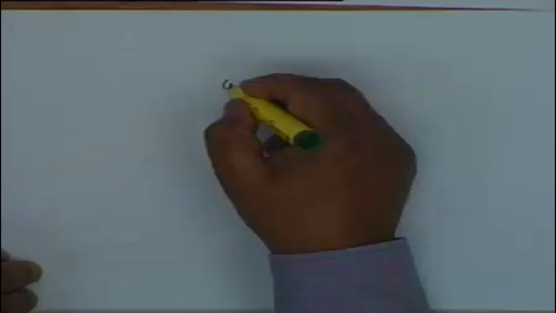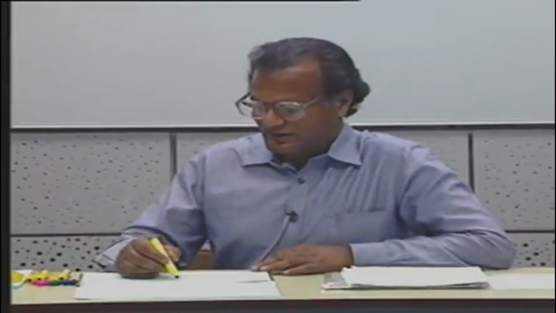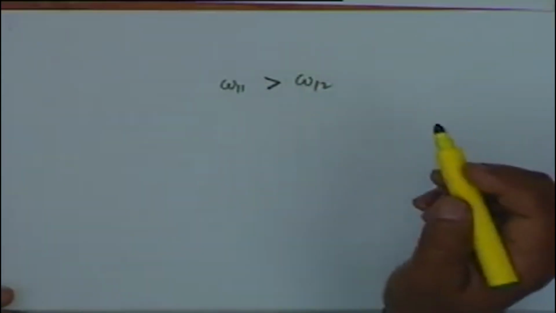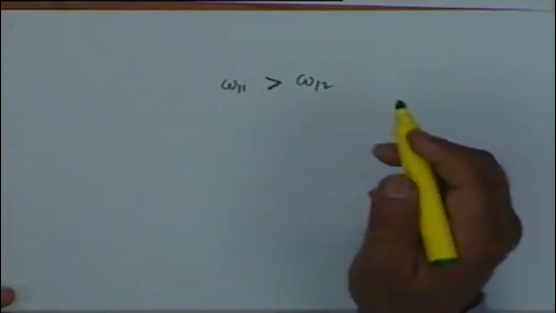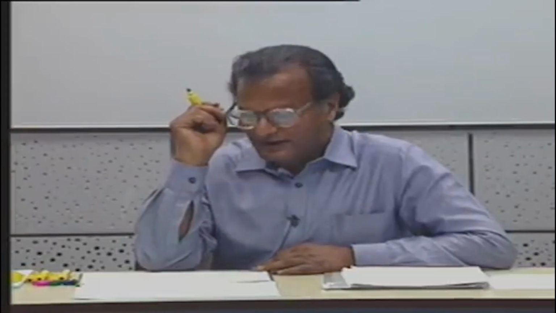What they do is the following. He says, all right, I have two frequencies, omega 1 and omega 1 2. Suppose they are several times apart from each other. Let us say omega 1 is greater than omega 1 2, and maybe this greater than is of the order of 3 times. What is the square of 3? 9.